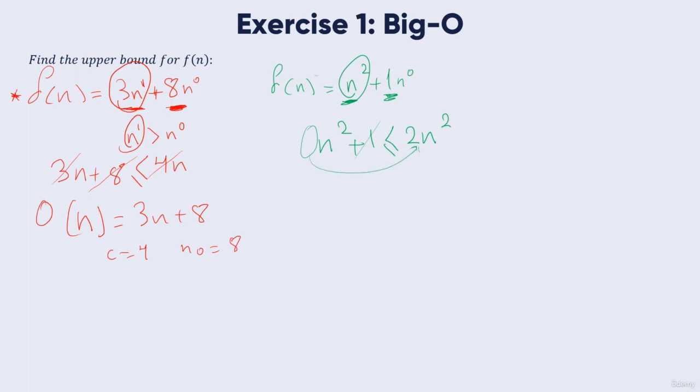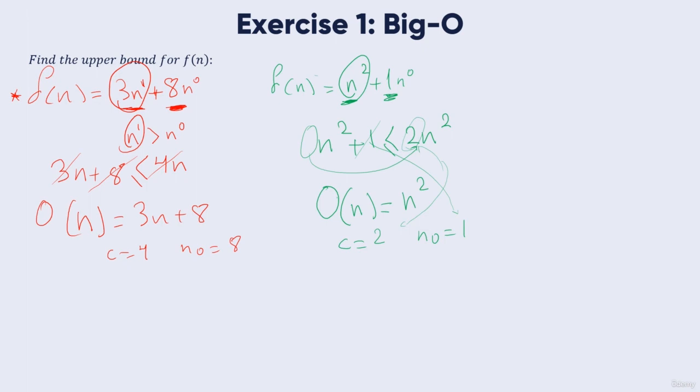This holds for every n greater than 1. Therefore, the big O notation of this function is n squared. It's very simple. We are just getting the highest n order of the function. And c is equal to 2 here, the constant, and n0 is equal to 1.